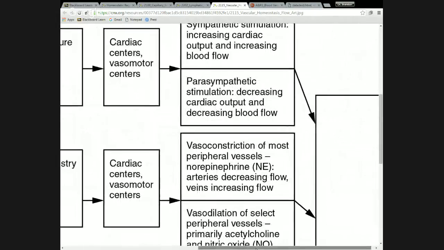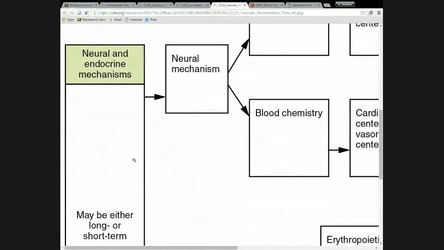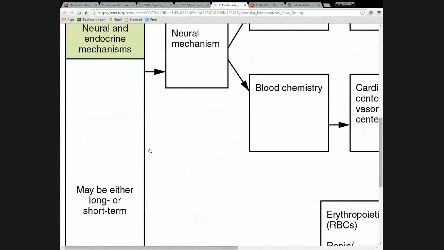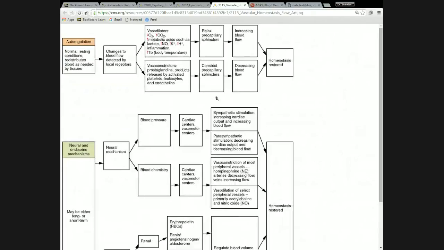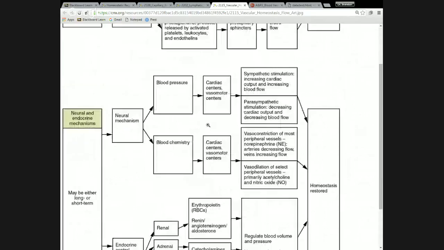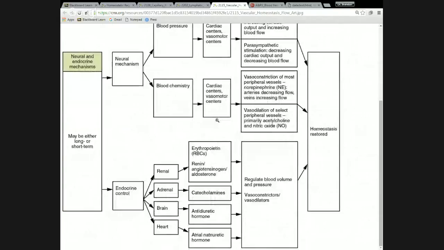The other side of this is more systemic things that control blood vessels. Okay, about as close as I can get to fitting the whole thing on the screen. The more systemic things are basically the nervous system and the endocrine system regulating blood pressure or blood flow.